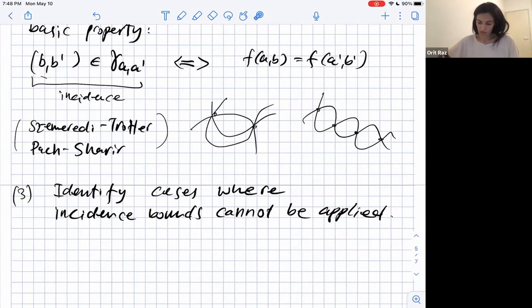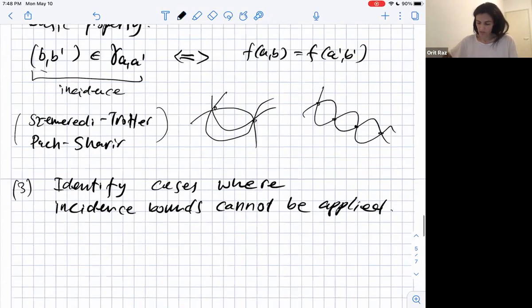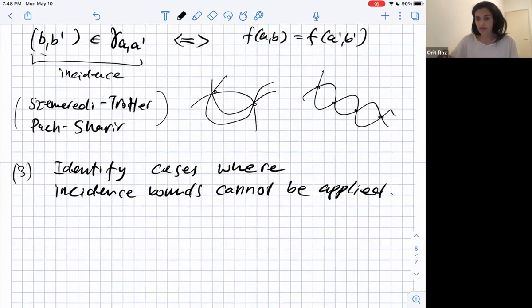And what we wanted to show is that we cannot apply these incidence bounds exactly when f is a special form. So when I say identify, I mean and prove that this happens if and only if f is a special form. So we were able to identify these cases.